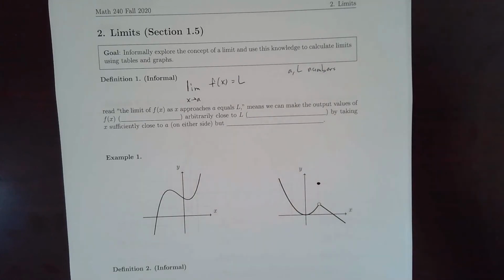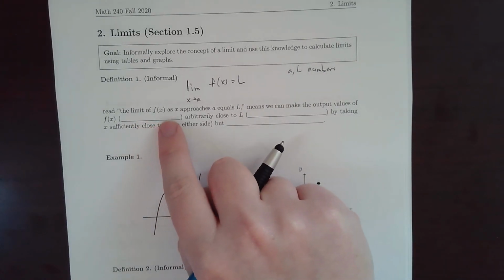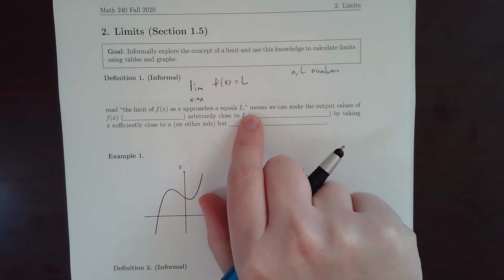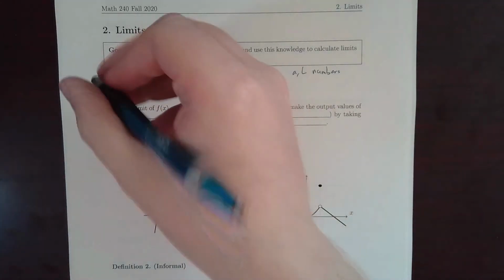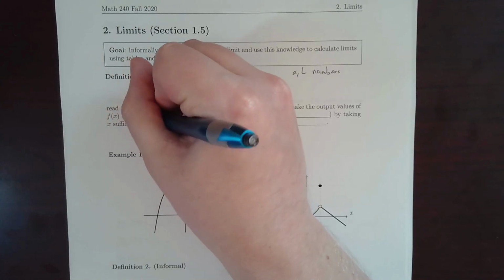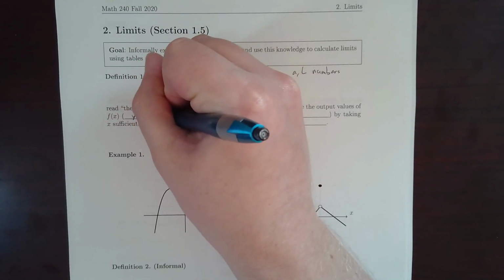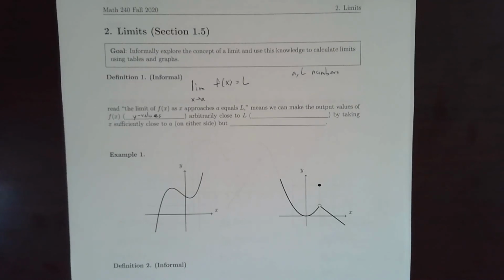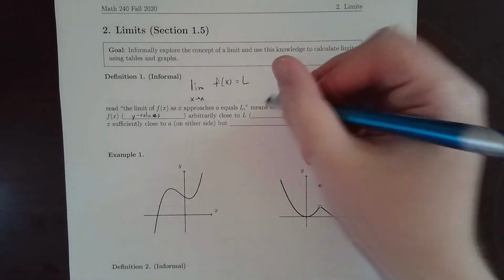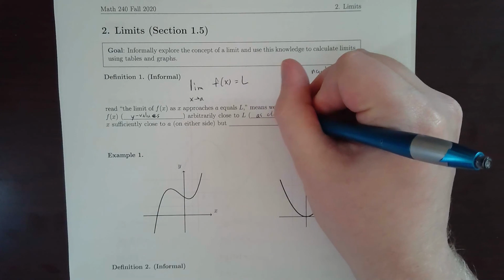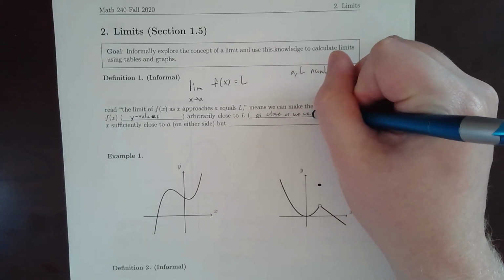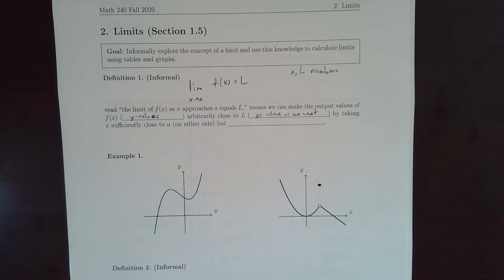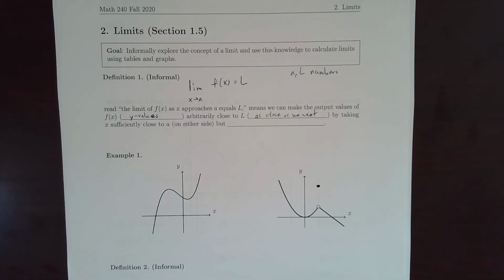We read this as the limit of f of x as x approaches a equals L. What this is trying to say is that we can make the output values of f of x, or the y values, arbitrarily close to L, as close as we want, by taking x that is sufficiently close to a on either the left or the right.